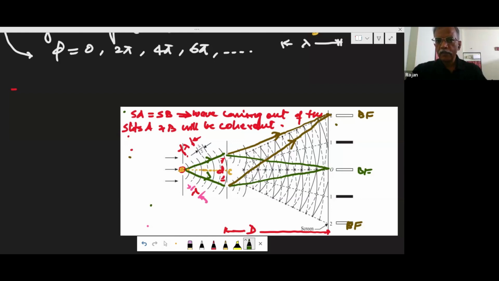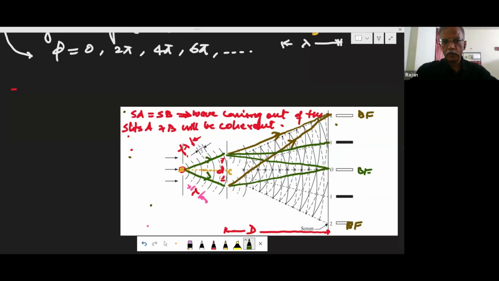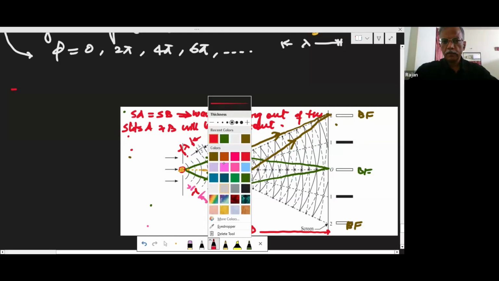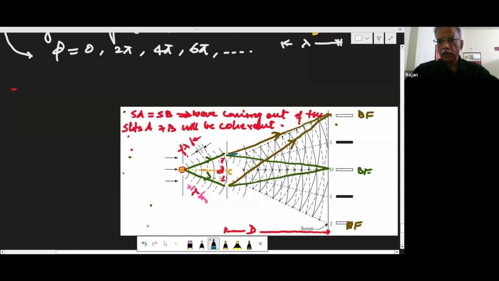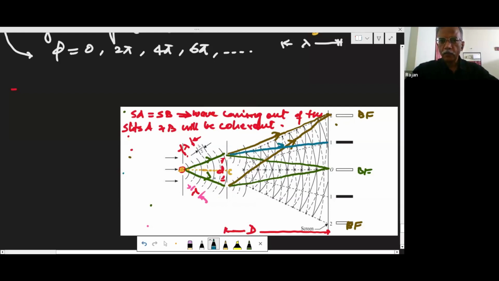You can check the point 1, this line. So the ray which is arriving here, I'm taking the next one from A, arriving at 1, correct? And then from B, arriving at 1.